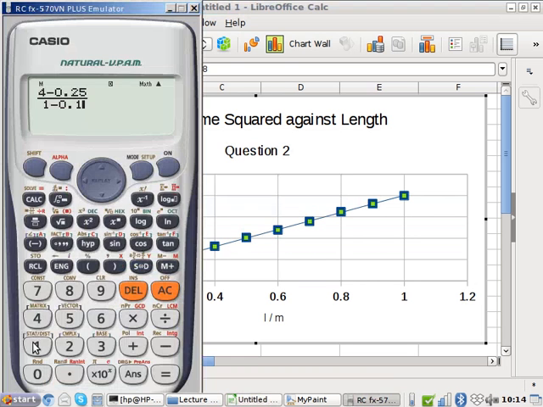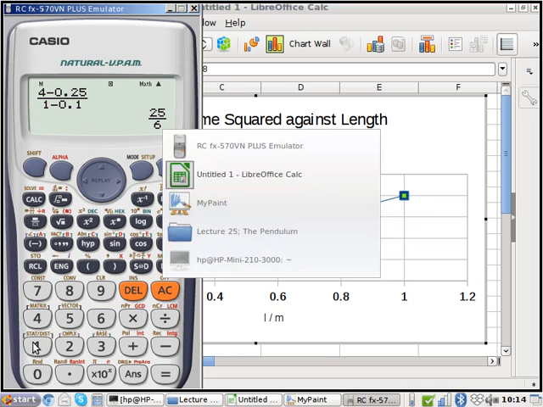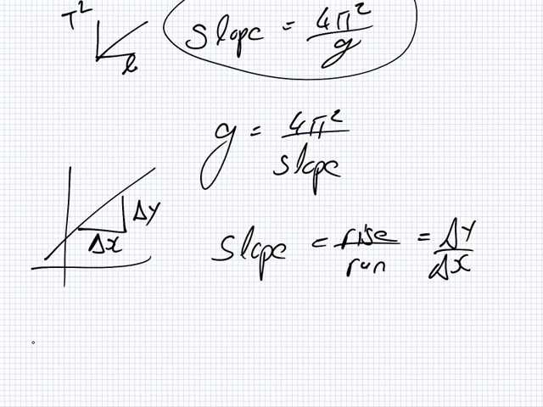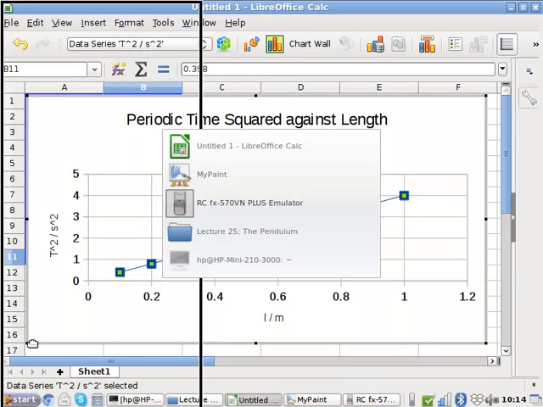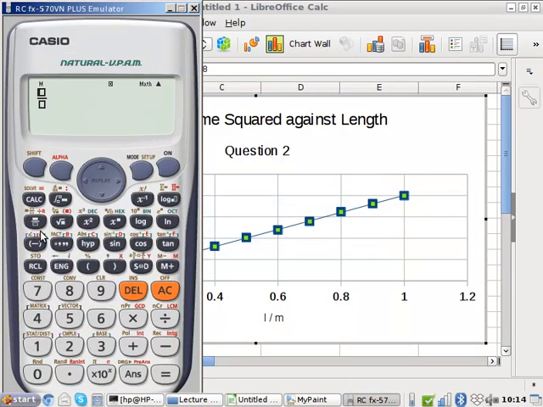So the slope is this number. And we said the g is 4 pi squared over the slope. So we have a fraction again, 4 pi squared over this answer I just got. Okay, let's see how good this is.